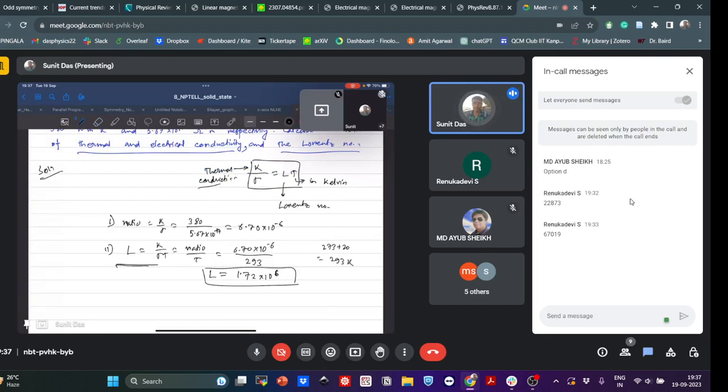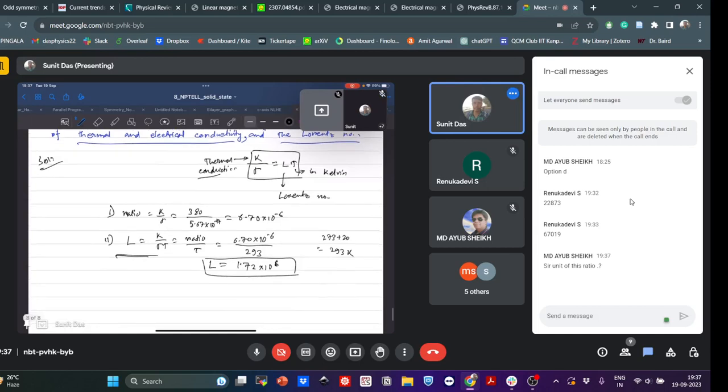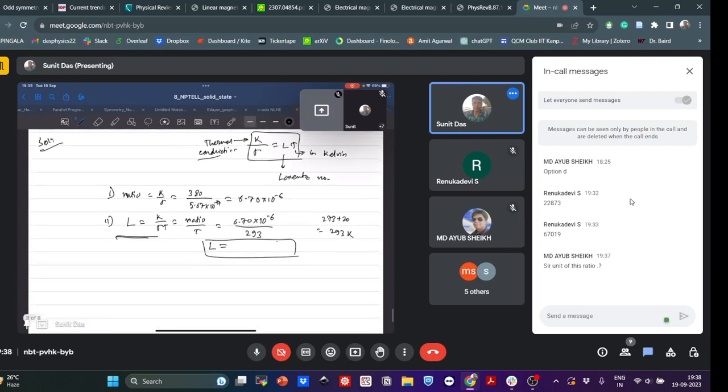So if this is -6, then now the answer will be 2.29 into 10 to the power minus 8.